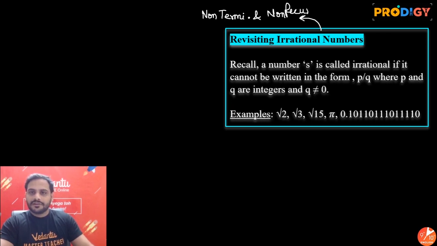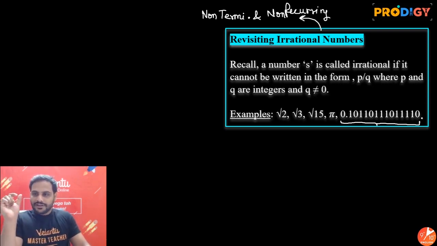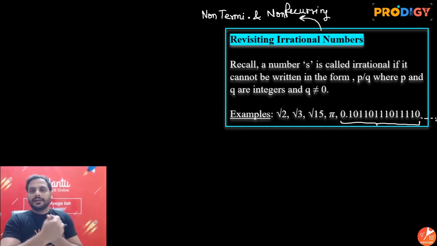This is also one example of an irrational number. See here, this is non-terminating. Actually I have to show dash dash dash at the end. You can see none of the values is repeating itself again and again. So that is called an irrational number.